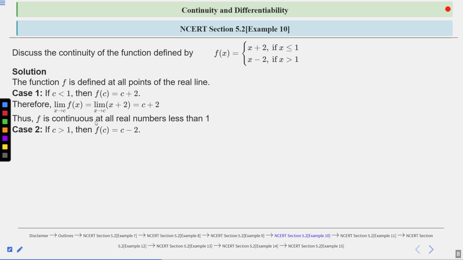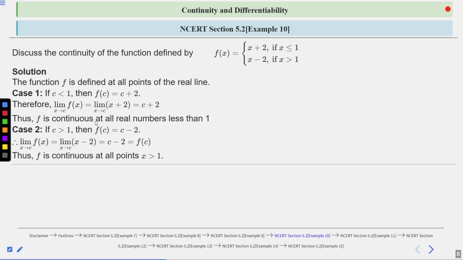Therefore, the limit as x approaches c of f(x) will be equal to the limit as x approaches c of x minus 2, which is equal to c minus 2, which is equal to f(c). Thus, f is continuous at all points when x is greater than 1.